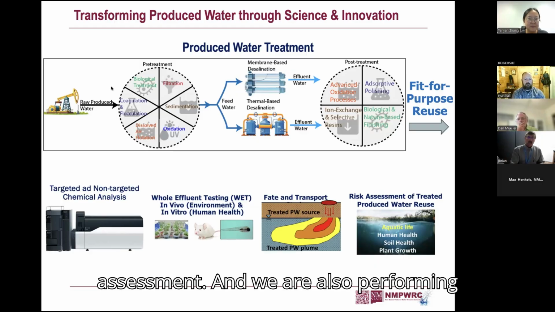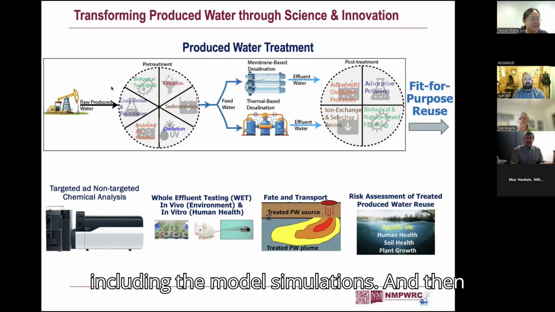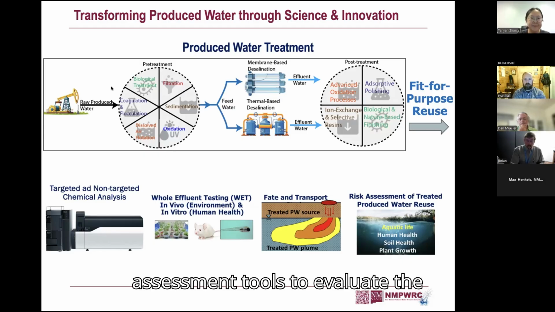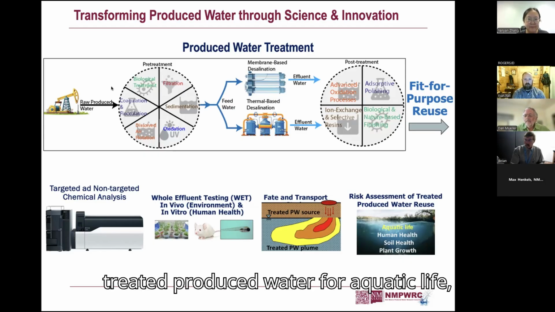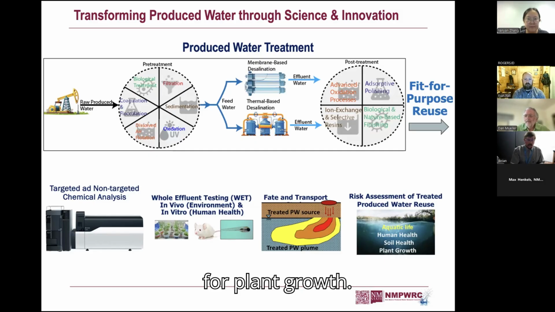And we are also performing fate and transport studies, including the model simulations. And then we have different types of risk assessment tools to evaluate the risks and toxicology of the treated produced water for aquatic life, human health, the soil health, and for plant growth.